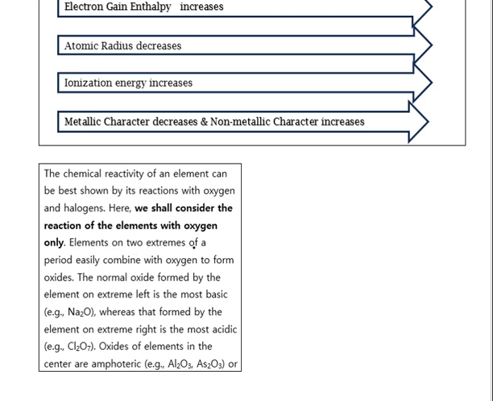Elements on two extremes of a period easily combine with oxygen to form oxides. Let us consider the leftmost, alkali metals, that means lithium, sodium, all these are elements of group 1 in the periodic table, and their oxides are Li2O or Na2O.